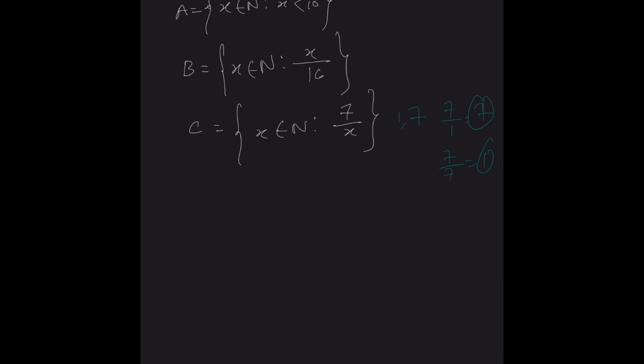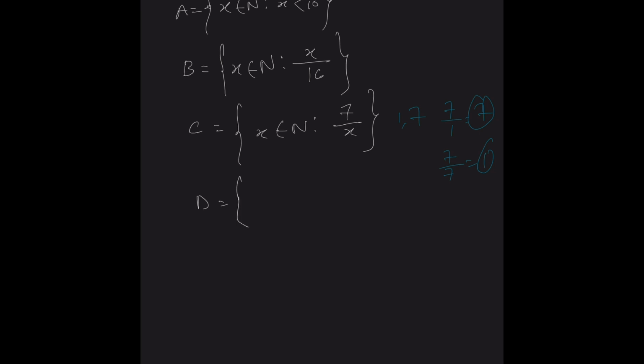Say if X is a natural number, but it is less than 30, but is also a prime number.